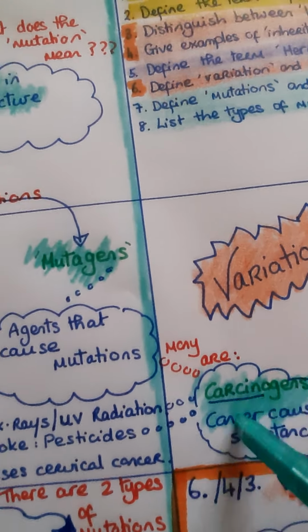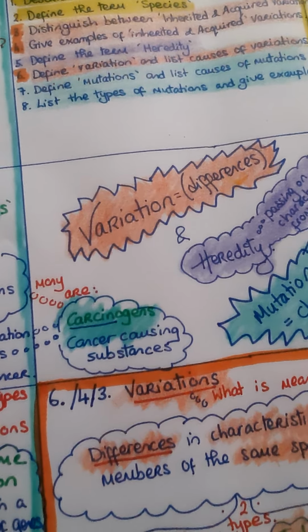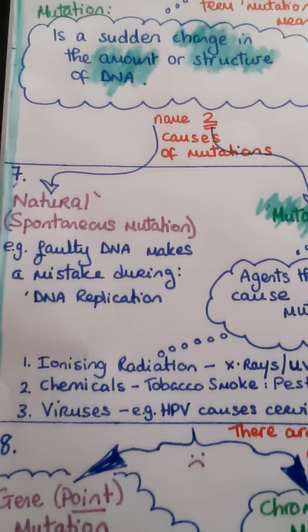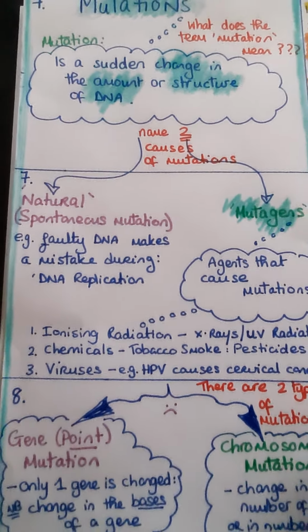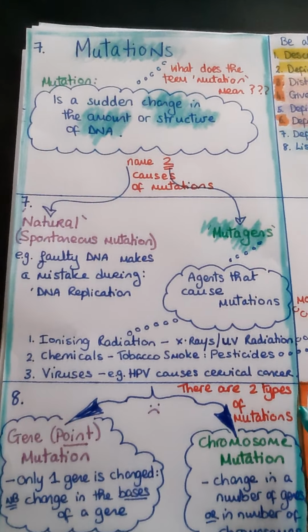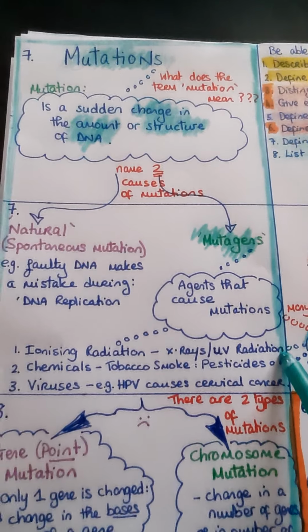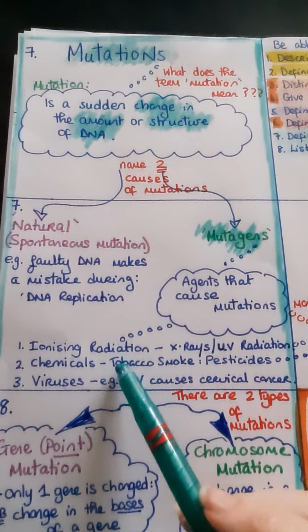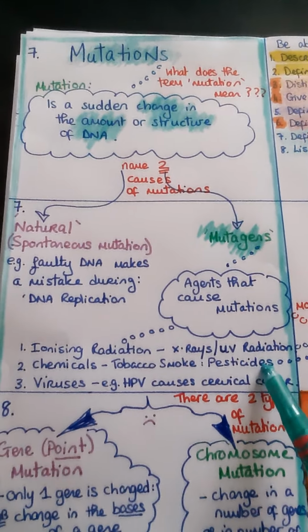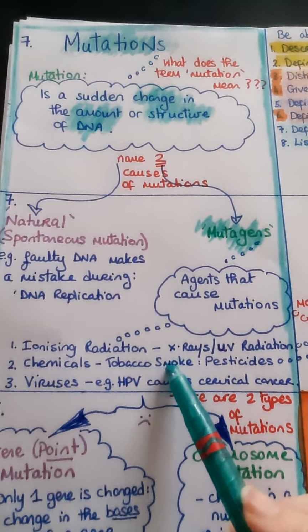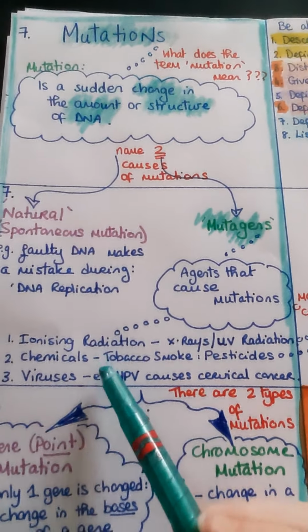Examples of carcinogens might be ionizing radiation, so radiation that might come from the sun. We know how it can affect our bodies by causing skin cancer. Or it might be chemicals used in pesticides or preservatives, or it could be from tobacco smoke. And we're familiar, and you can see in the PowerPoint, the idea of that causing lung cancer.